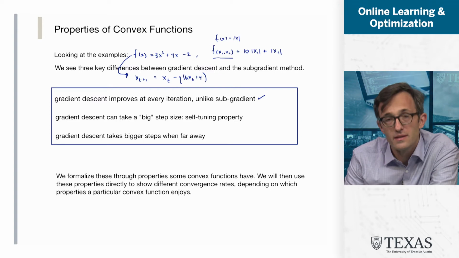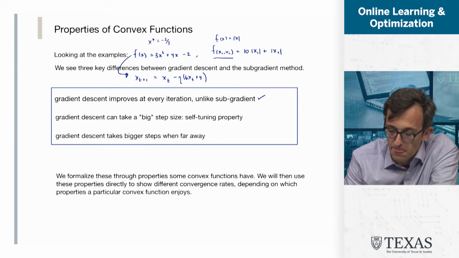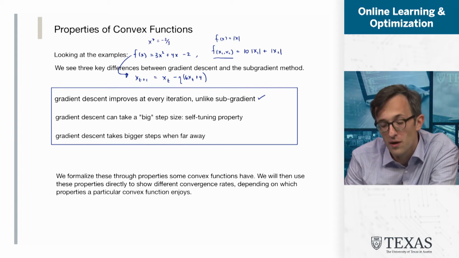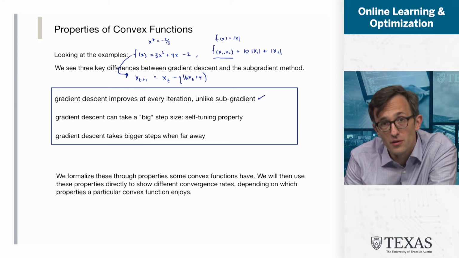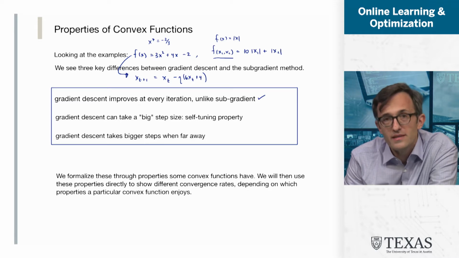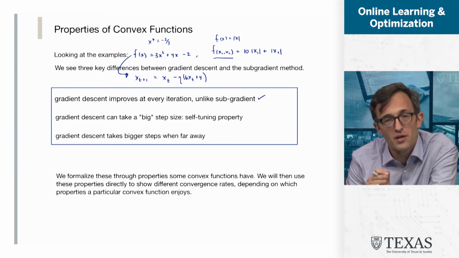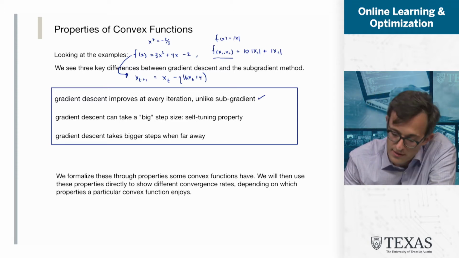So let's look at this 6xt plus 4. We know that the solution to this problem is equal to minus 2/3. Now what happens to 6xt plus 4 as we get closer and closer to minus 2/3? Well, it gets closer to 0. So this allows us to take a step size eta that doesn't depend on the final error that we want, and this iteration naturally slows down as we get to the optimal solution.